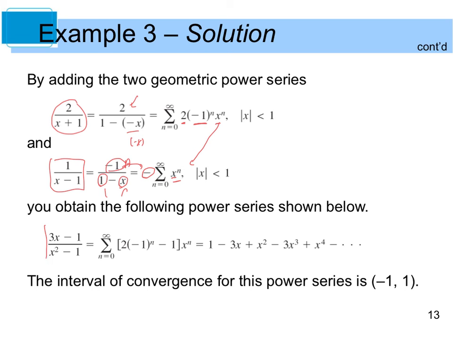So if I wanted to group these two together, the original question here, I have my first sigma over here, and then I have my second sigma. So there's my 2, there's my negative 1, and we're saying minus 1 because I factored it out. Okay, so if we're going to write it out, x to the n, that's this one. Then if I was going to add on the second one, just x to the n.